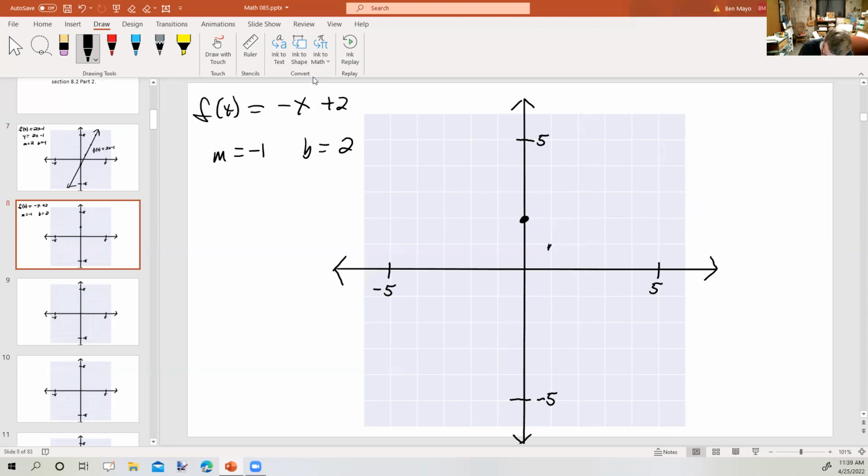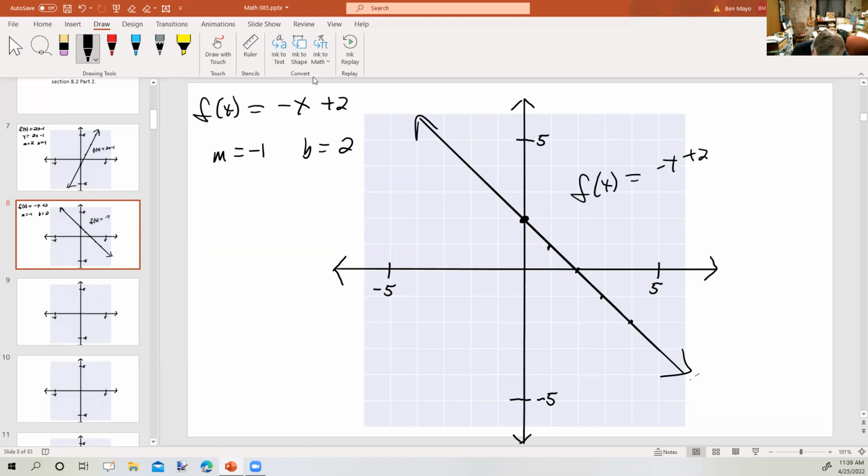You'd go down 1/1, down 1/1, down 1/1, etc. Lining up the points with a straight edge, we would get, oops, that didn't work. Let's try that again. There we go. So there's the graph of f of x equals -x plus 2. Any questions there?